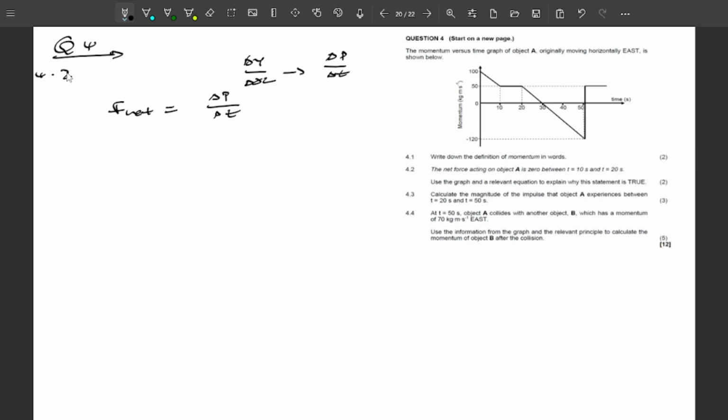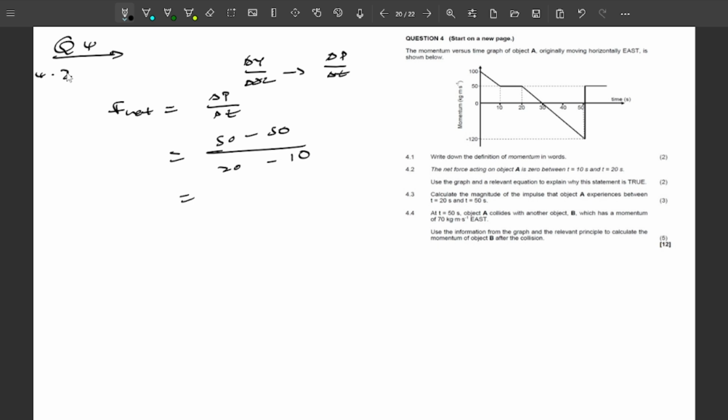Now, we want to prove that it is zero. How can we do that? Let's look at the time 10 and 20. What is the momentum at time 10 and 20? It is 50 for both of them. So it's 50 minus 50 over 20 minus 10. Now we do know that 0 over 10 is what?